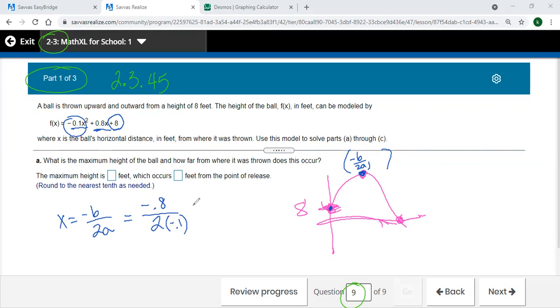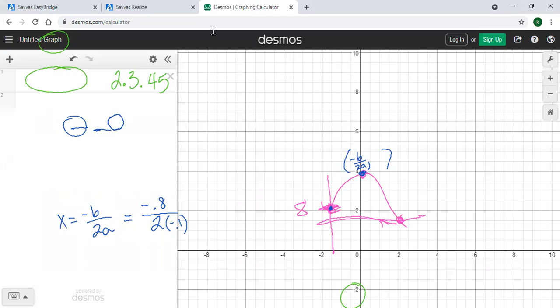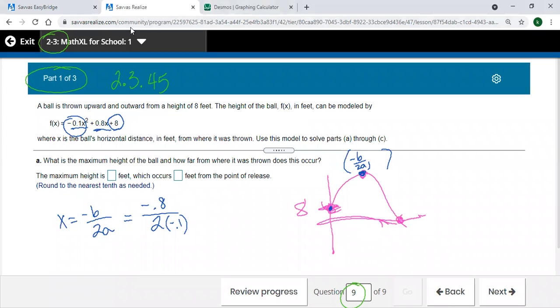And so just use a calculator and crunch that out. Negative 0.8 divided by 2 times negative 0.1, and that's a 4. All right, so I know that that's at 4 seconds there.